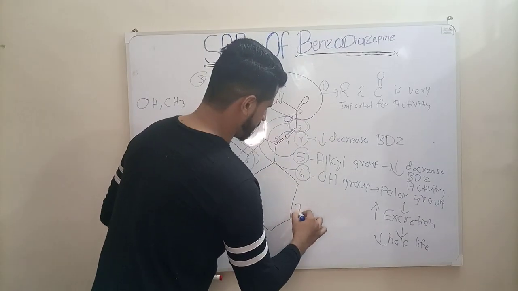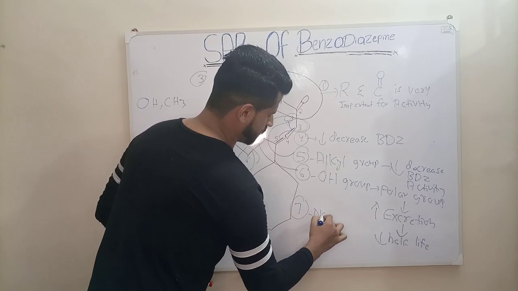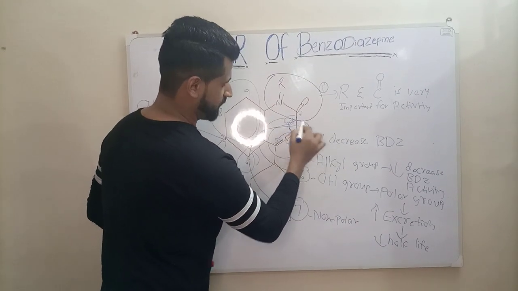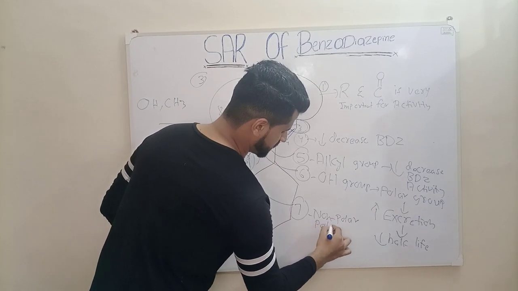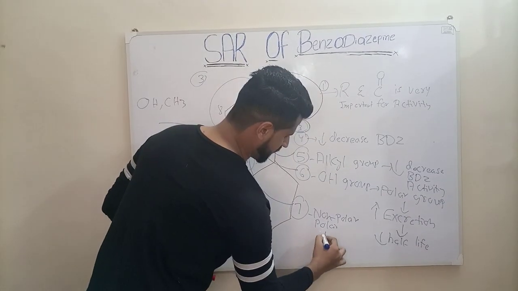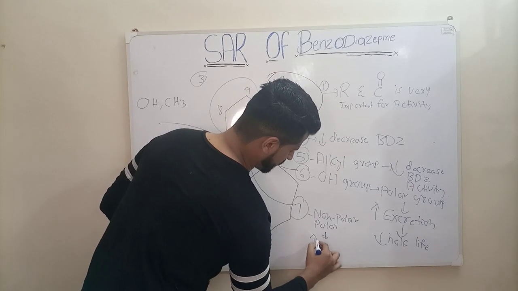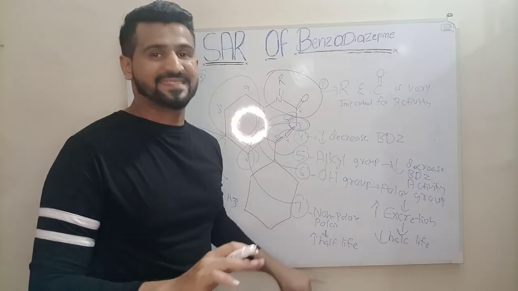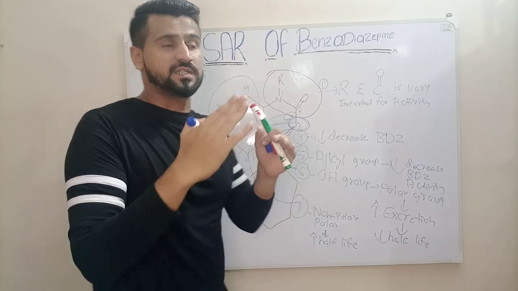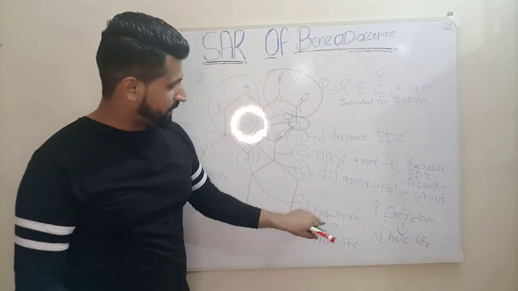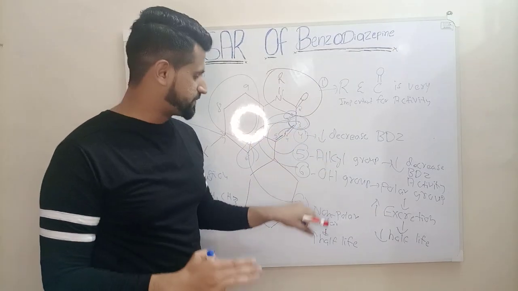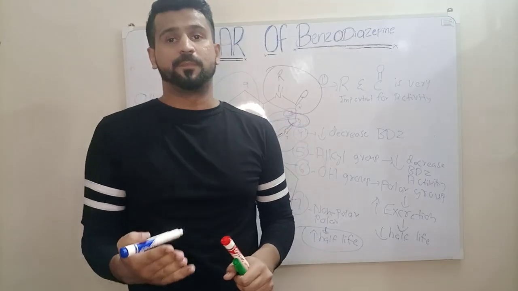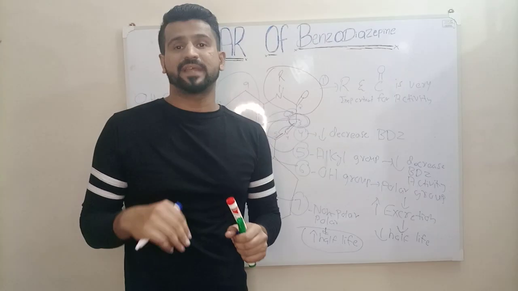The seventh point is that if any non-polar group attaches at the 3rd position of the benzodiazepine, the half-life increases. The half-life increases because the drug becomes less polar, so it is not excreted through the kidney.